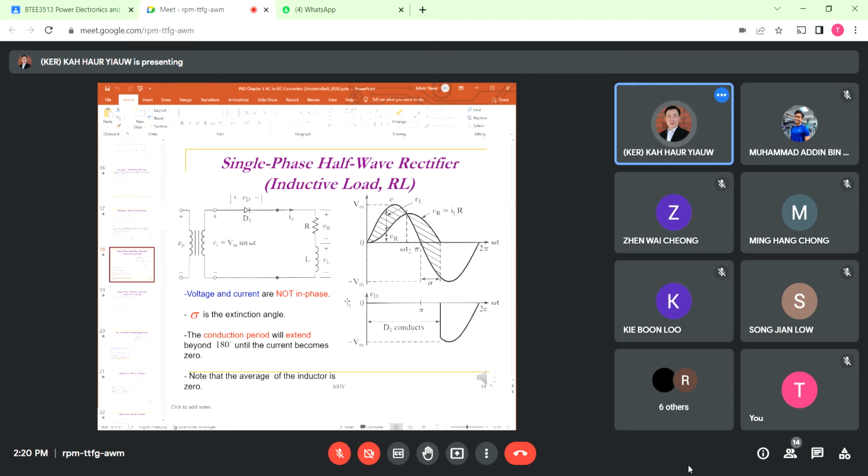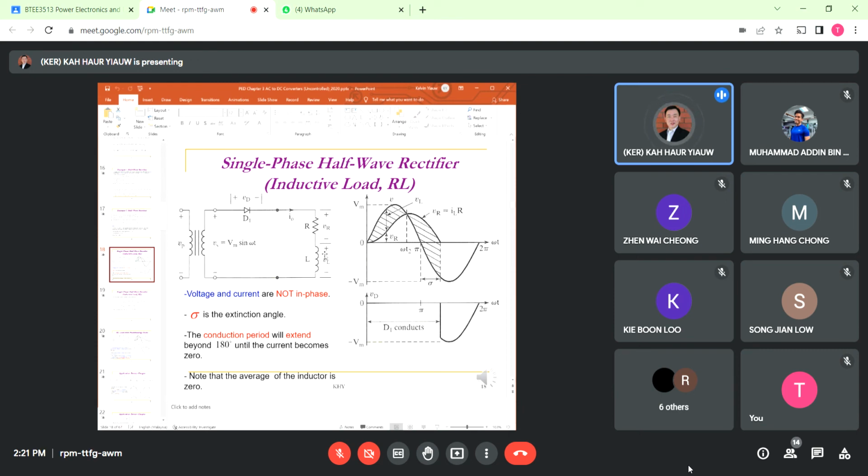Okay, so when I have this type of RL load here, if I measure the voltage VR here and also my VL here, there is a slight difference between the two waveforms. Because the inductor is also a type of energy storage element, during the positive half cycle, when the diode D1 is forward biased, the current flows in this direction, so the inductor charges up and you store the energy.